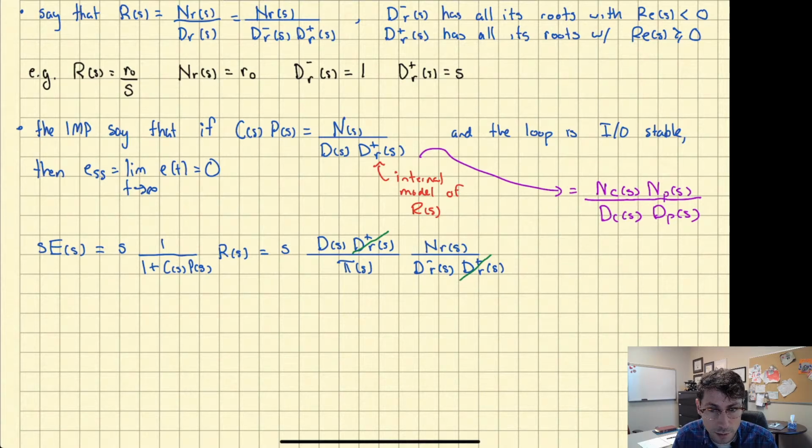And in the denominator, whatever this product is, the internal model principle says it must have a copy of the bad part of the reference, or the unstable part of the reference. So this becomes n of s. This denominator, whatever it ends up being, if you're using the internal model principle, has to have a copy of the reference and then whatever's left over.